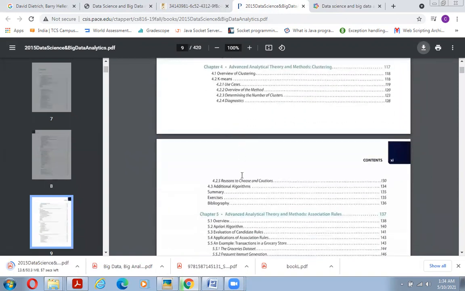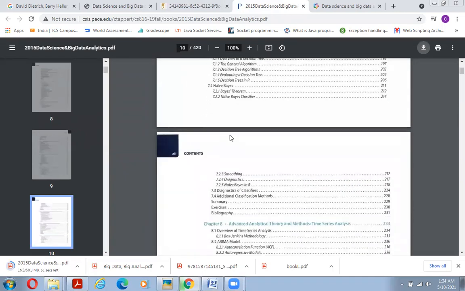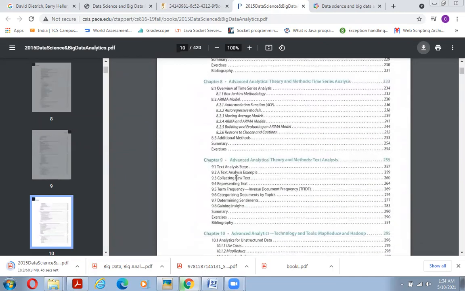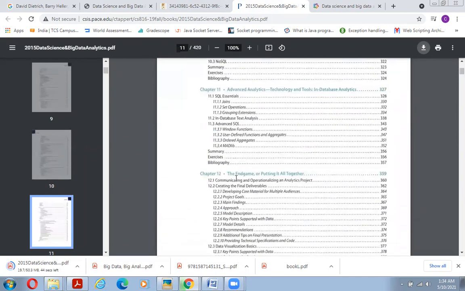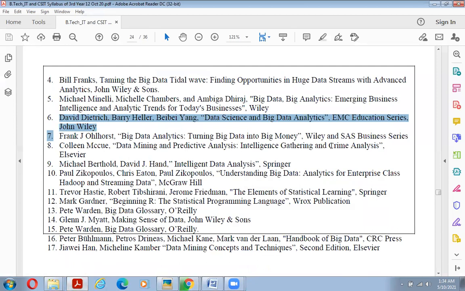Then different methods came in, the Apriori algorithm, linear regression. This book is very helpful to us. Analytical methods. So we are able to get this book also. Now let's move to this book.